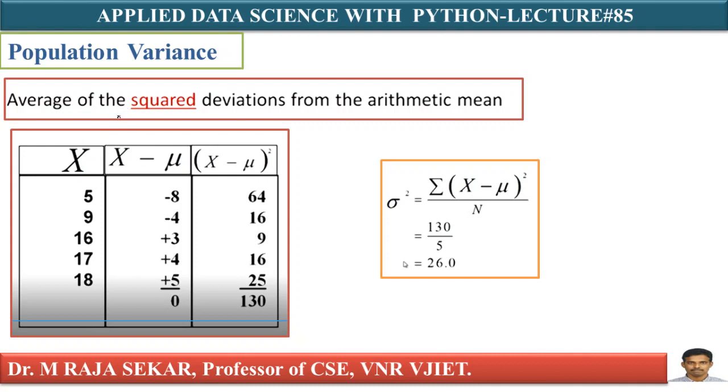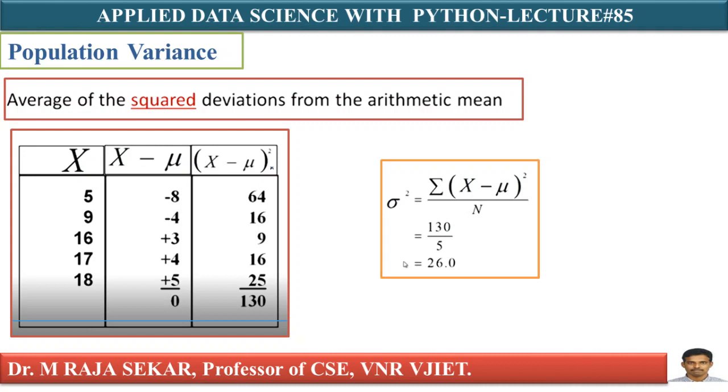If there is a deviation and we square it, we are giving more penalty. So the first is removing the negative sign, and the second is imposing more penalty for larger deviations by squaring.